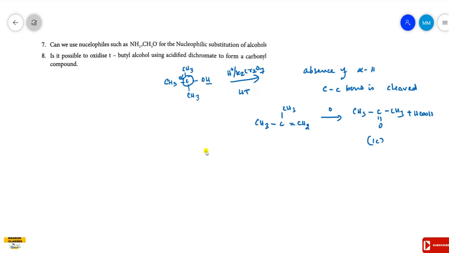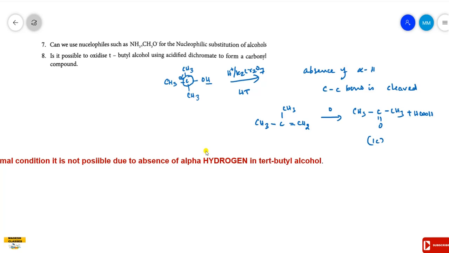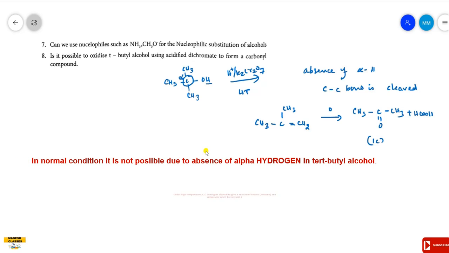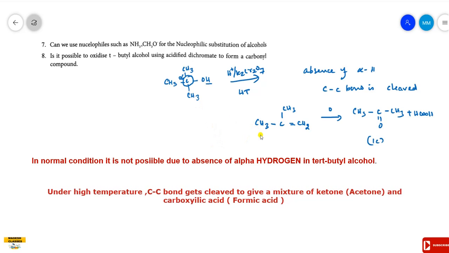So what is your answer? Under normal conditions it is not possible, because of the absence of alpha hydrogen atom. Under high temperature, a hydrogen atom is removed from the methyl group, so you get the alkene product.